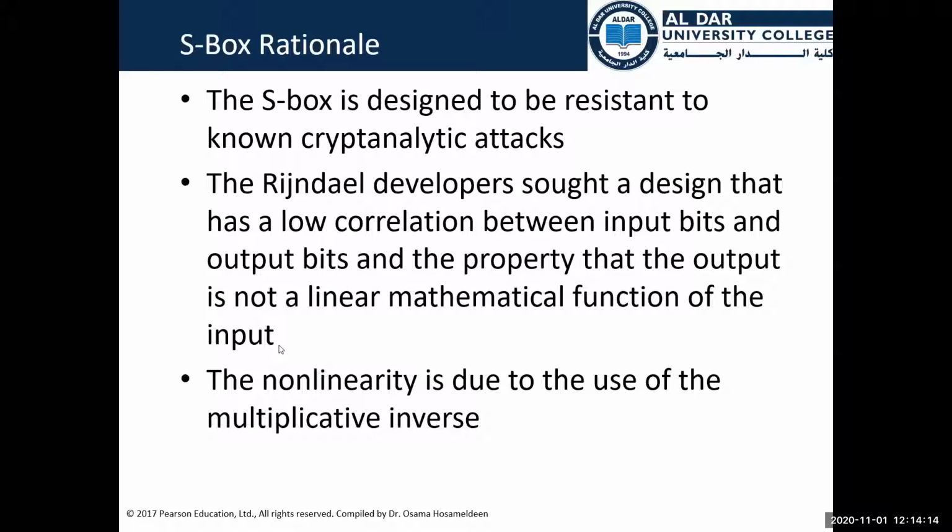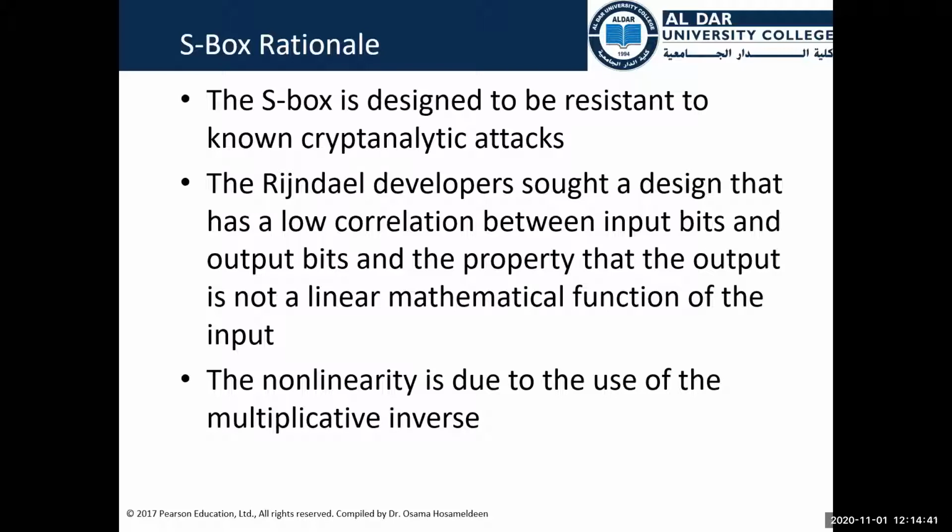As you know about linear functions, linear means that we can go forward and go backward directly. For example, if the function relates y and x, you can get x from y, and also you can get y from x. This is because it is a linear function.